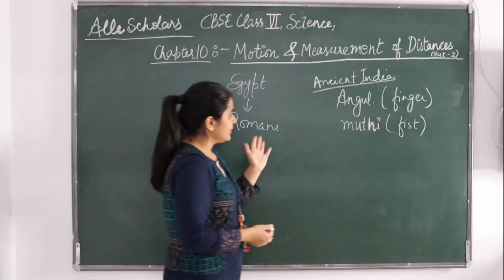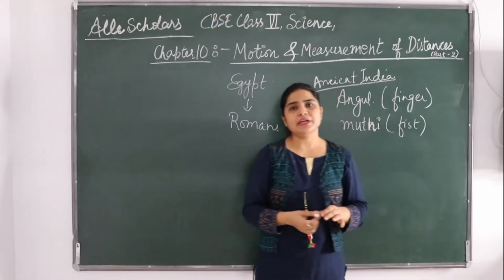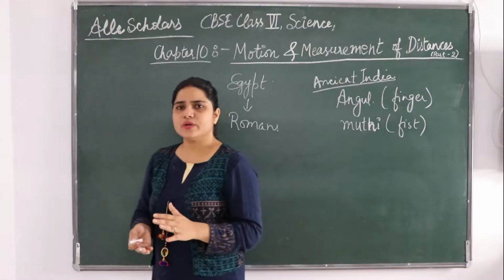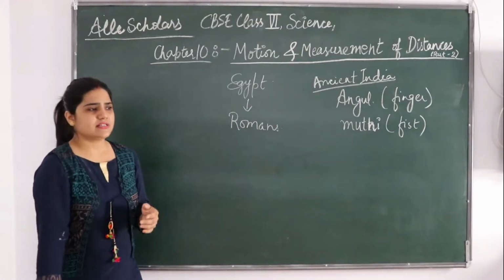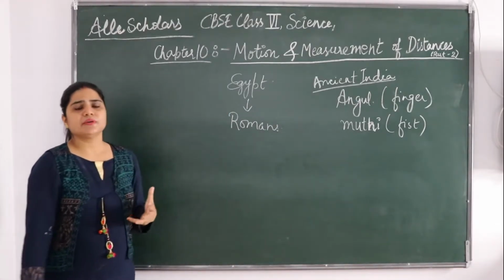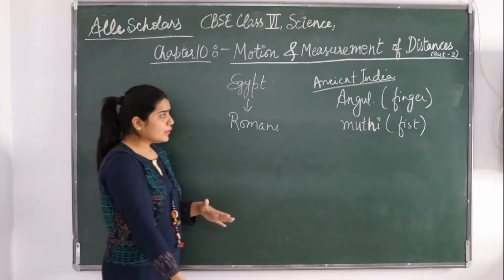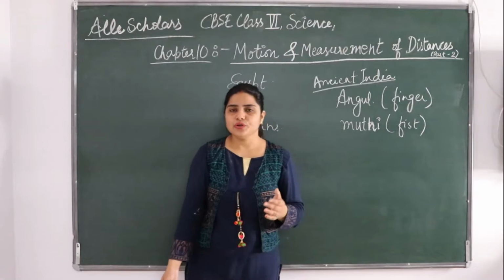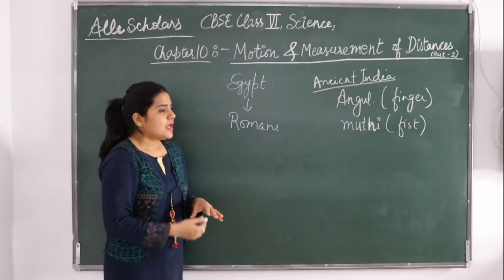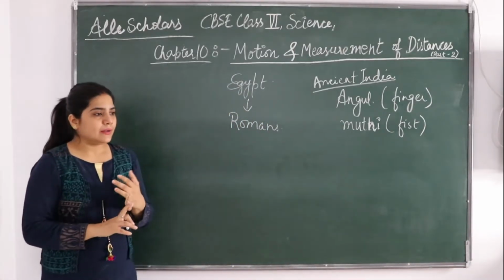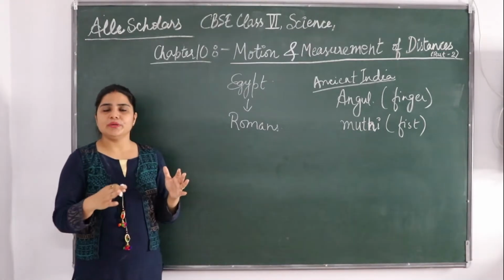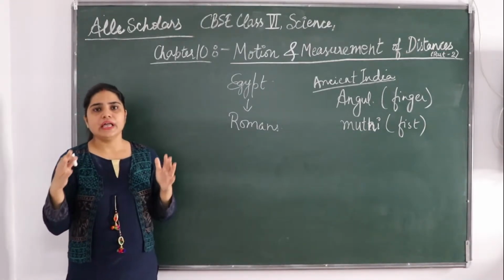For garlands or some kinds of plants they are selling, they are using their forearms as a unit of measurement. So many such body parts continue to be used as a unit of length.